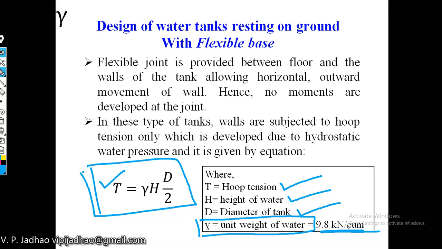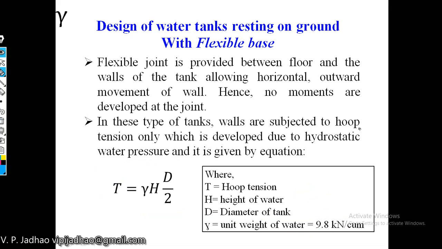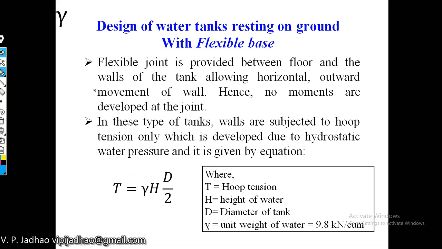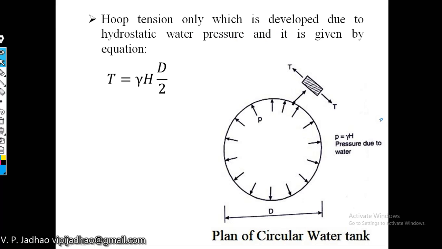We consider that as either 10 kilonewton per cubic meter or 9.81 kilonewton per cubic meter. So T is equal to gamma H into D by 2, or this can also be written as gamma H into R, where R is the radius of your water tank. Better we consider it in terms of D.